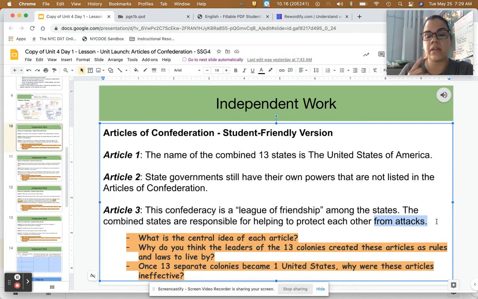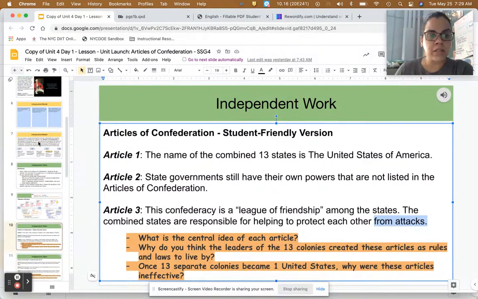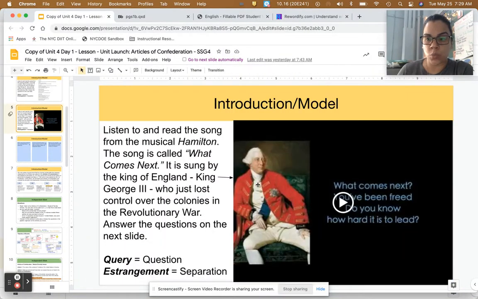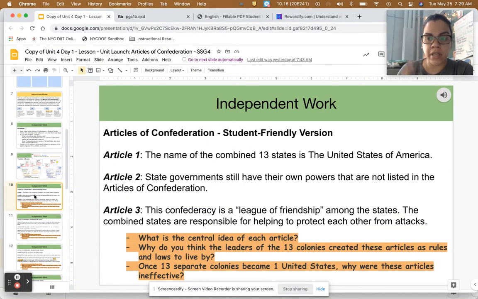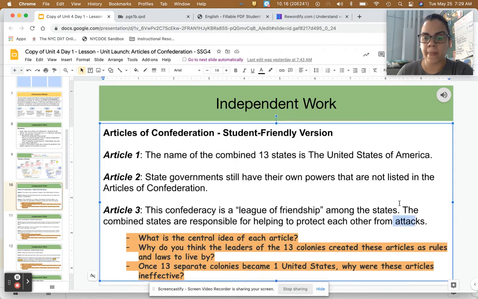Okay, so that makes me think that the Confederacy, they all make a promise to each other to protect each other from attacks. Maybe because of King George's warning here, they're thinking we might get attacked again. Even though during Evacuation Day, we got rid of the British soldiers, that doesn't mean they can't come back. So maybe that's why this happened.